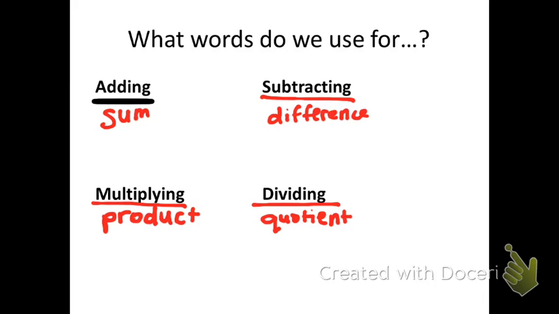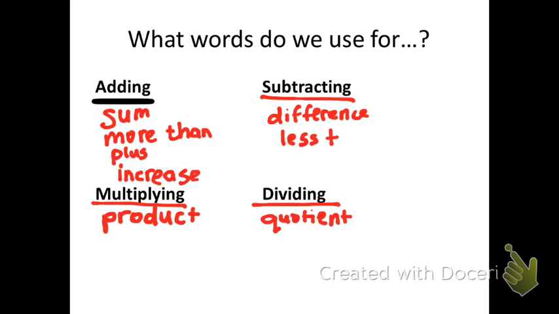Now, you could also look at more than, which would indicate to add. Plus, of course. Or increase is also. Okay, for subtracting, you could put less than, or minus.